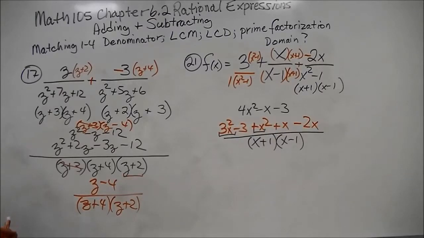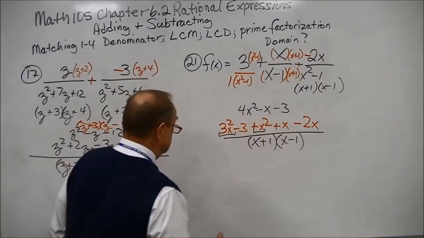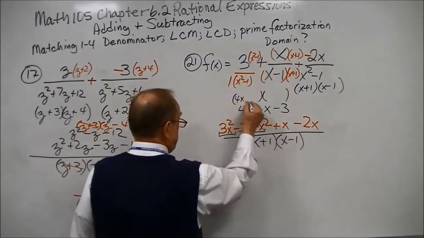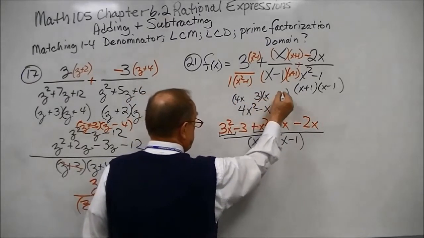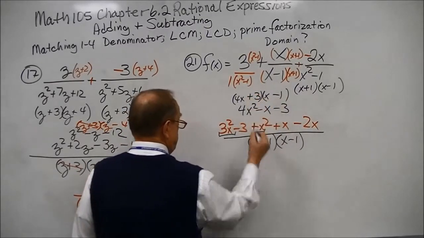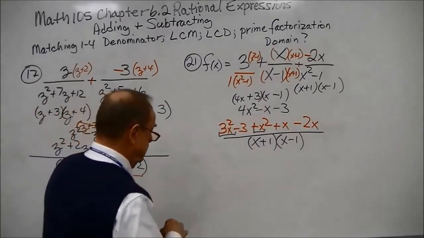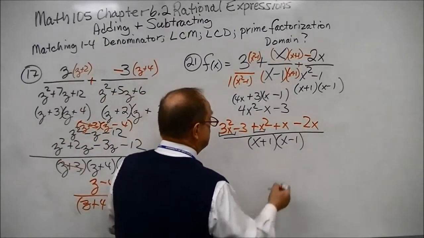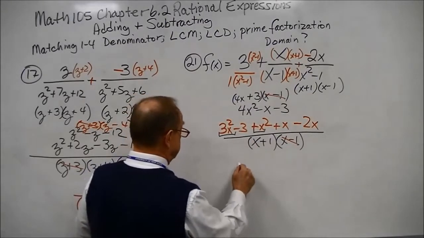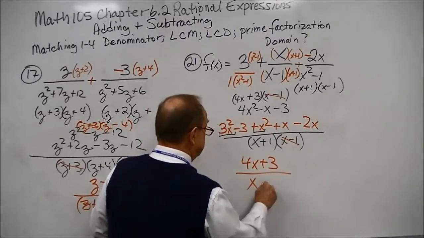Now again, you might think that's the answer, but this is factorable. So here, the x minus 1 can cancel out. So our final answer is 4x plus 3 over x plus 1.